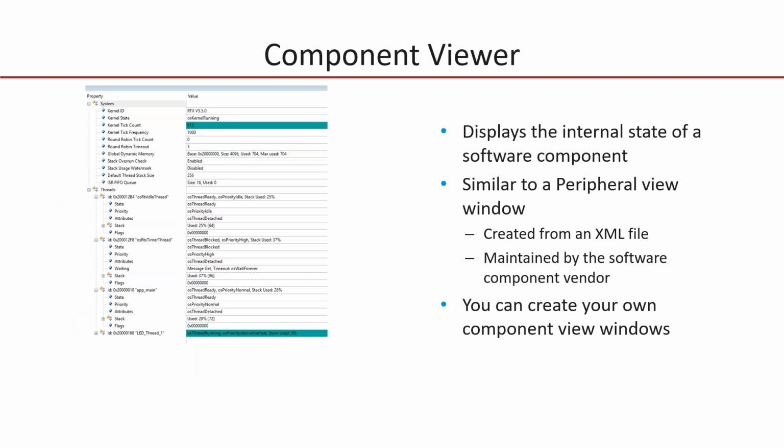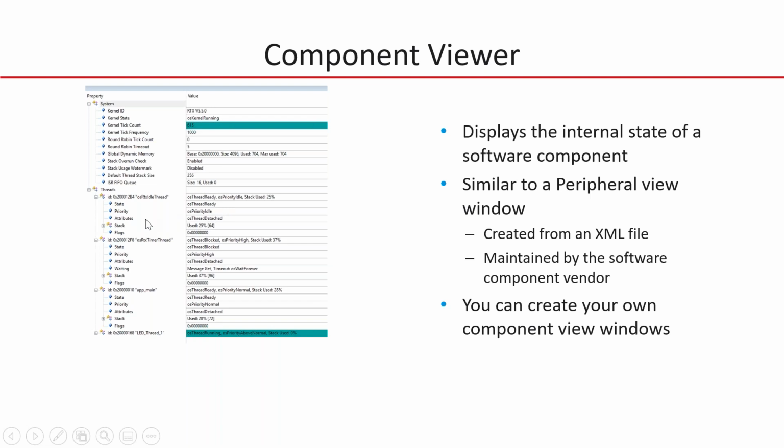There is a similar view within the Microvision debugger called the component view. So this again is an XML file, but it allows us to look into a software library. So in this case, we're looking at the real-time operating system. So we can see all the values inside the kernel, and then our different operating system threads.